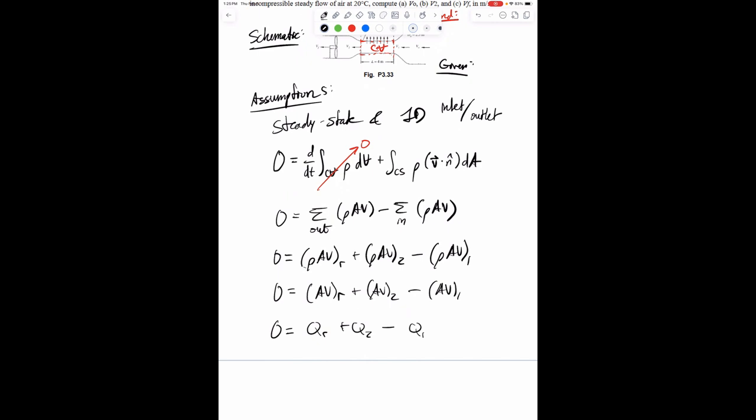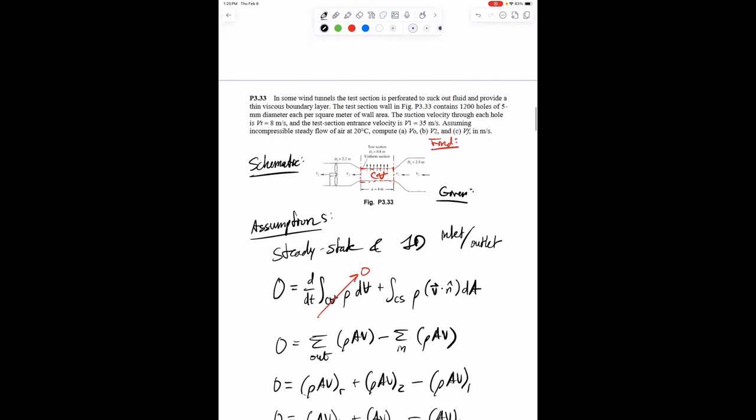So now we have to ask ourselves, can we solve for any of these volumetric flow rate terms? And the answer is yes. In the problem statement, we see that the test section entrance velocity is V1 equals 35 meters per second. So we have a velocity value, and for volumetric flow rate, it's cross-sectional area times velocity. With velocity, do we have cross-sectional area? And the answer is yes. The test section is given with a diameter of 0.8 meters.